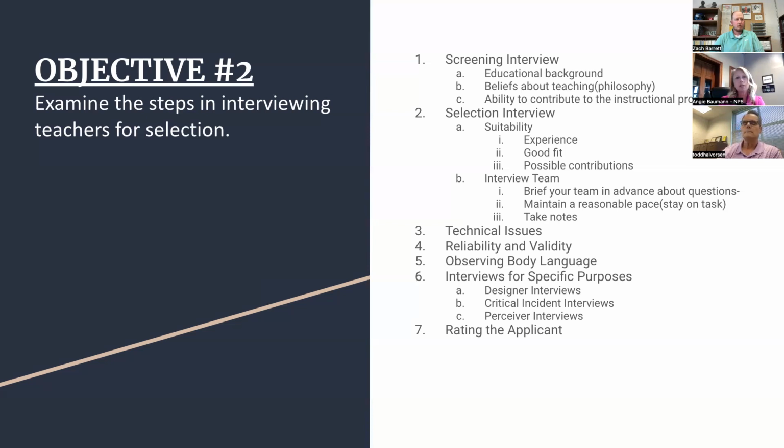When you start putting together an interview team, it's really important that your interview team knows in advance what the setup of the interview will be, what it will look like as far as an agenda for the interview, and letting them preview all of those questions before the candidate is sitting at the table, so they know what they're going to be asking, making sure that you try and stay on pace.